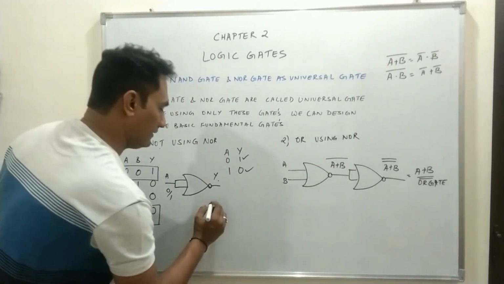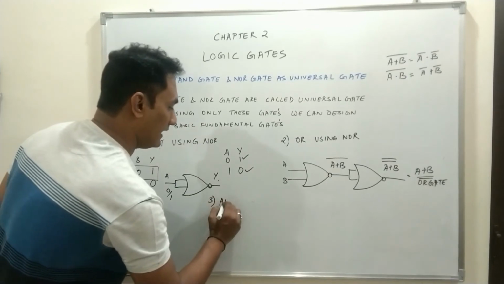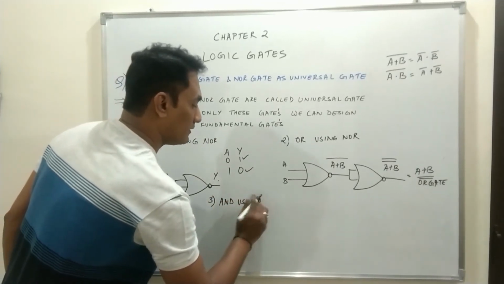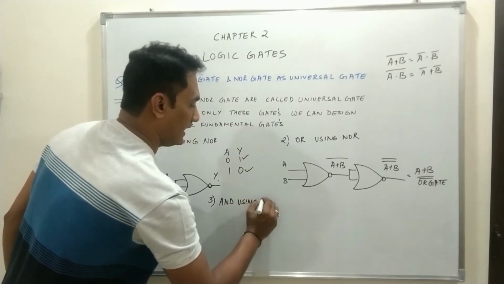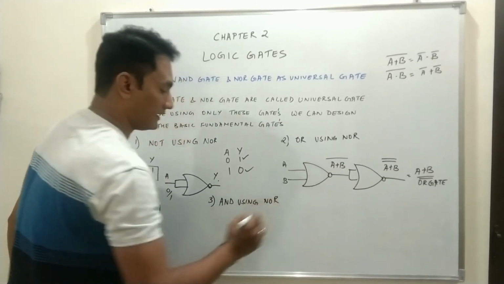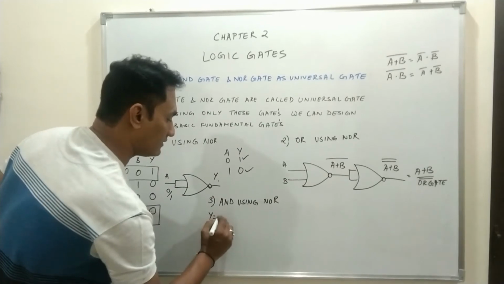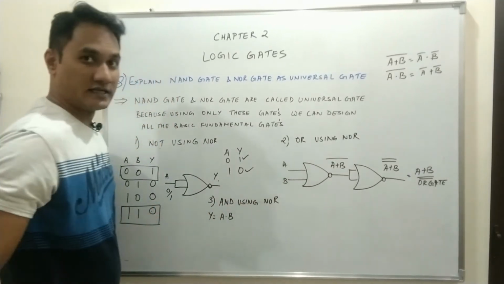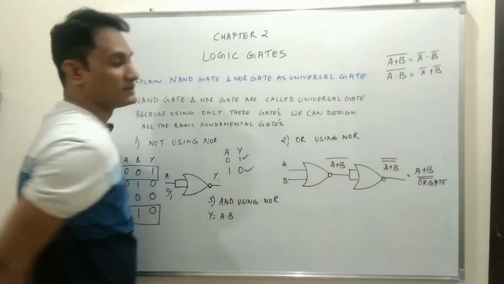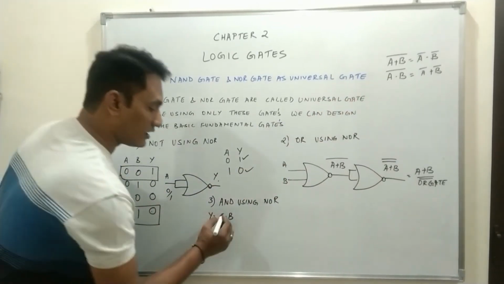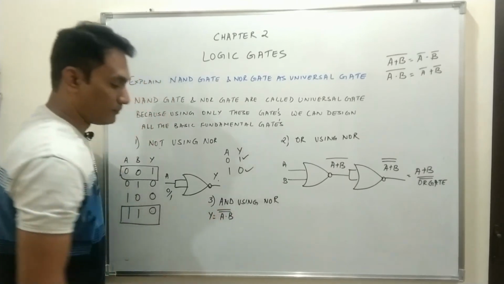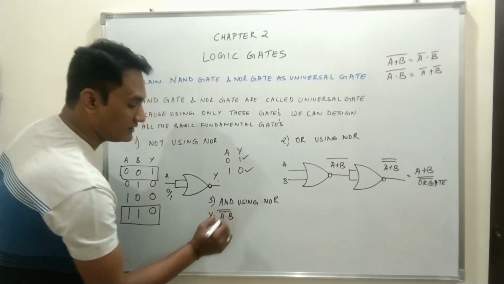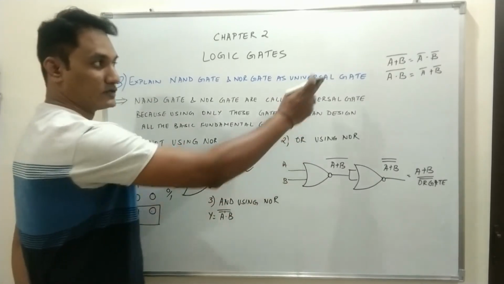And the third one is AND using NOR gate. For AND, the equation will be A dot B. Now you have to change the logic. Again you will use De Morgan's theorem. To change the logic, we will double complement it and solve only the single complement using De Morgan's theorem.